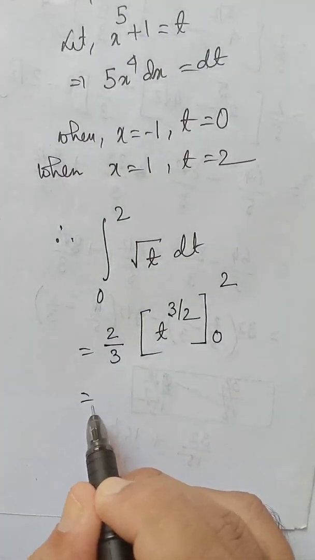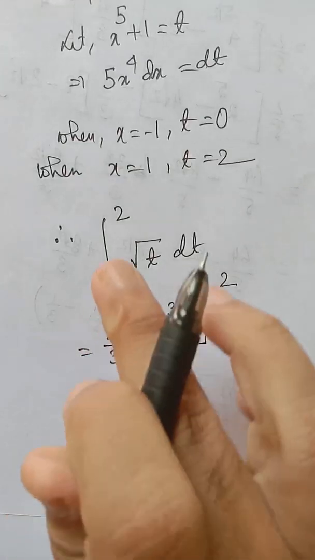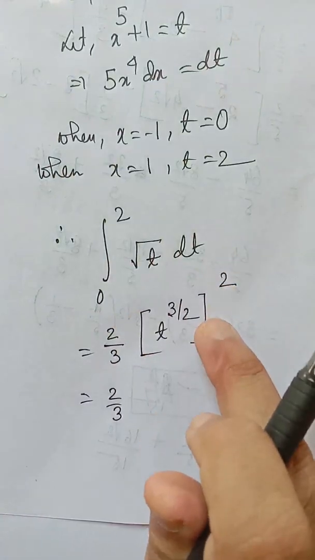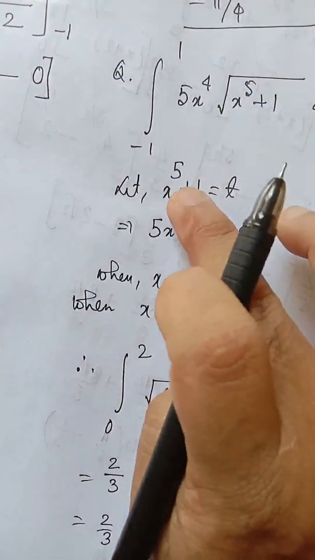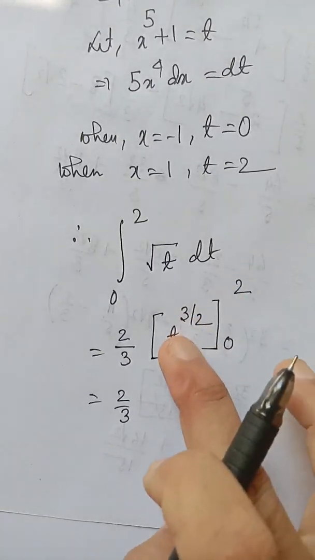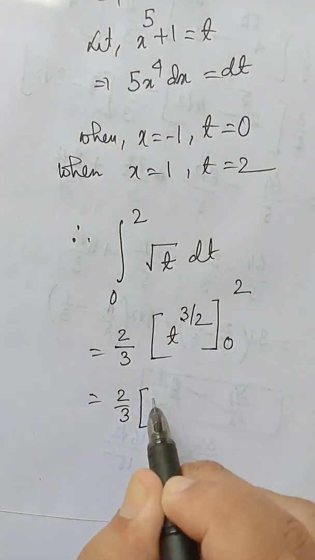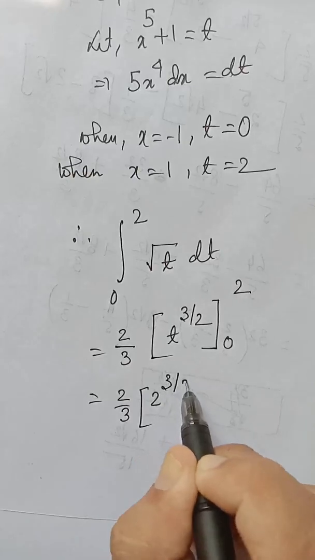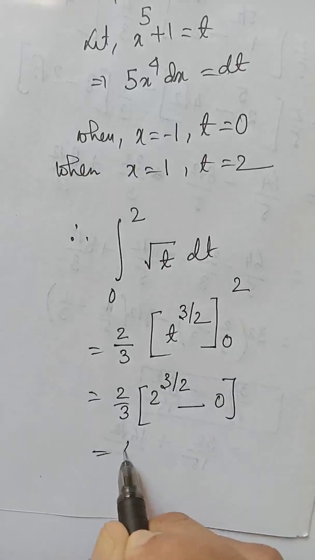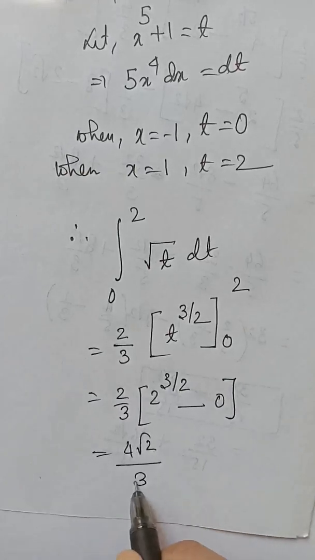Now we have already changed the limit. After integrating, we will put these values only. We will not go back to this because we have already changed our limit. Okay. So first we will put t equal to 2. It will be 2 to the power 3 by 2 minus 0. 2 to the power 3 by 2 is 2 root 2. So it will be 4 root 2 by 3.